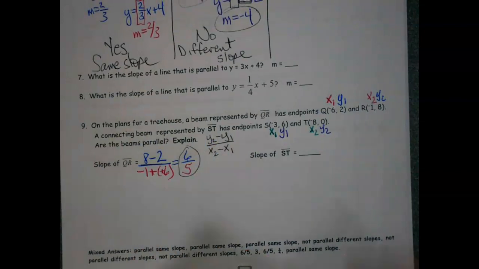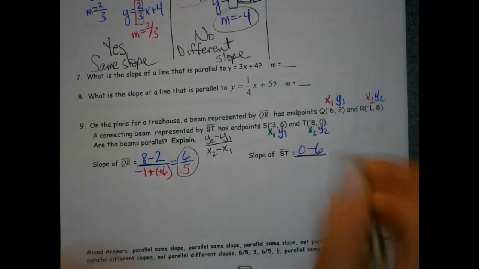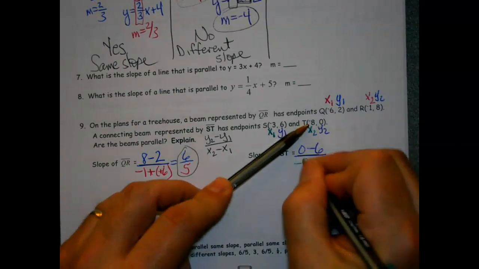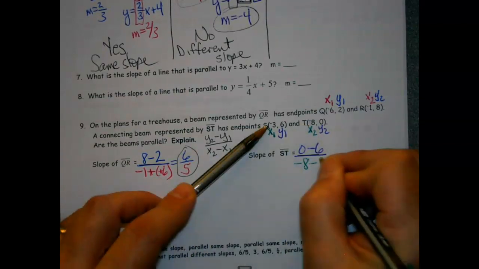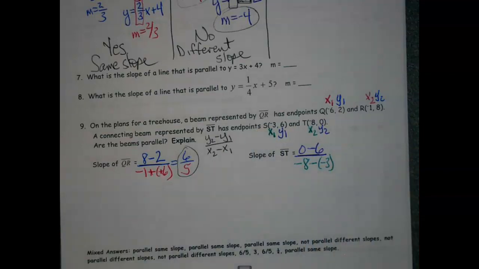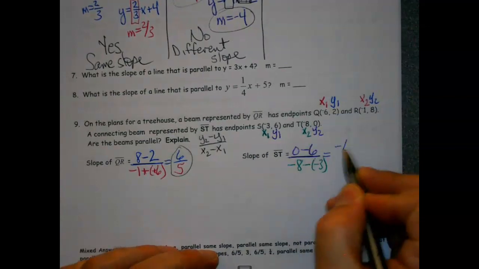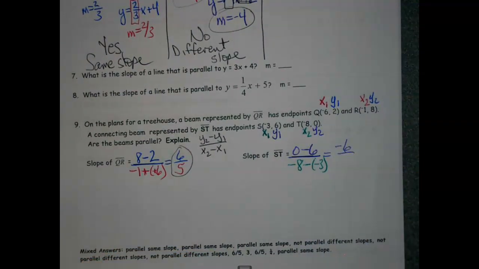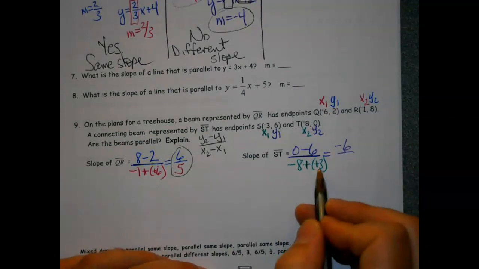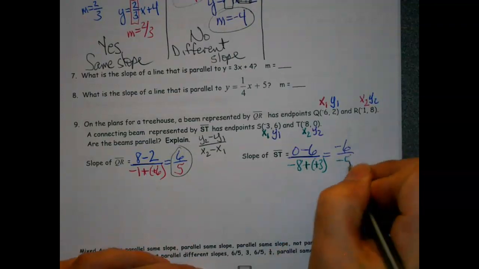Plug it into the formula. 0 minus 6 and negative 8 minus negative 3. So let's see here. 0 minus 6 is negative 6. Negative 8 plus 3, or negative 8 minus negative 3, is negative 5.